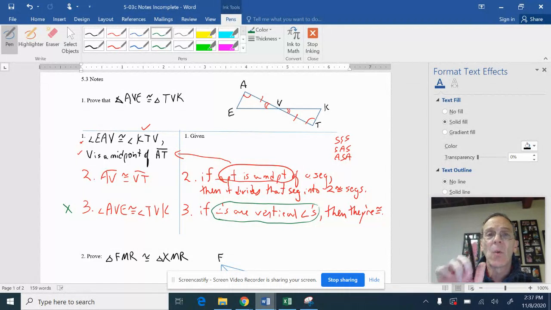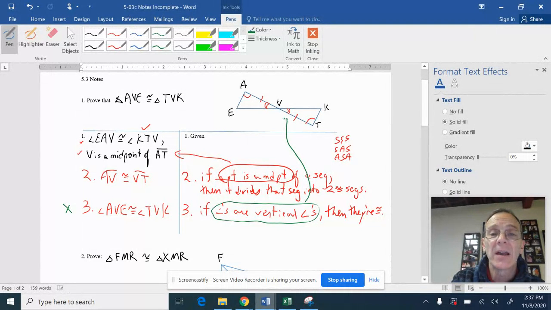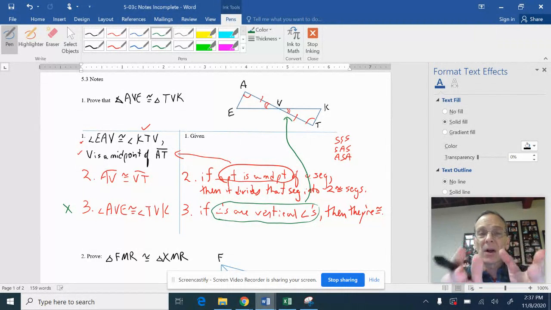This is one reason that we will allow ourselves to use just on the basis of seeing the vertical angles in the diagram. Okay? So we are still connecting this hypothesis to something that is already true. But in this one case, it's something that we know to be true just because we can see it in the diagram.